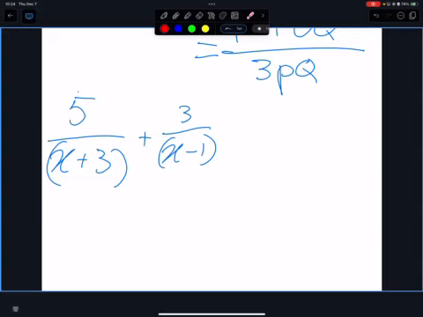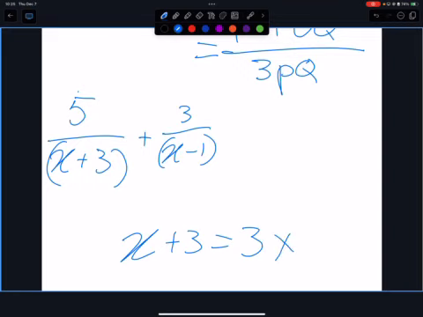So 3x and 3x? What do you mean 3x? So the x plus 3, you can just make it 3x. Why not? You tell me why I cannot make x plus 3 into 3x. You're saying this becomes this.